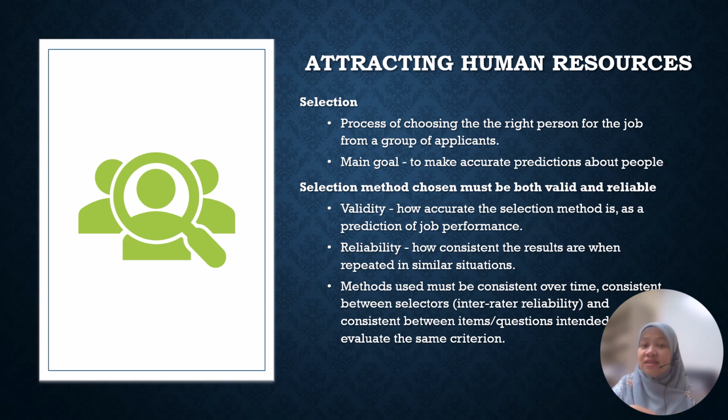Reliable means how consistent the results are when repeated in a similar situation. So the methods must be consistent over time, consistent between selectors, and consistent between items, whether you distribute the same questions and evaluate the same criteria to choose the right person from a group of applicants.